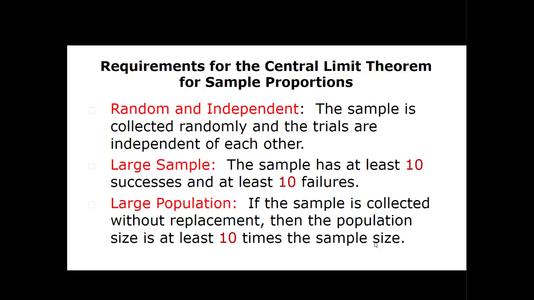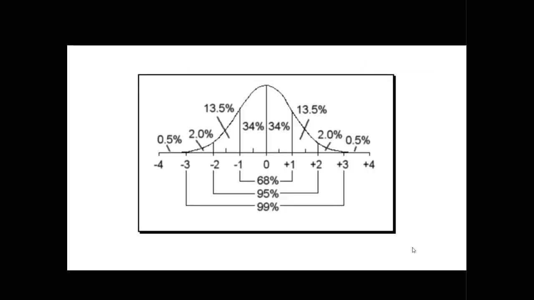Second, there has to be a large sample, meaning at least 10 successes and at least 10 failures. The last condition is that there must be a large population: the population size has to be at least 10 times the sample size. If those conditions are met, then we can infer that we have a normal distribution.